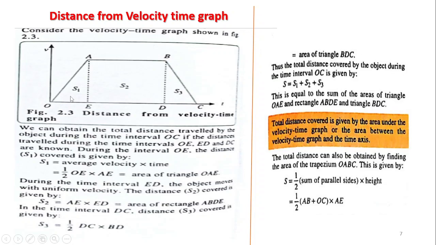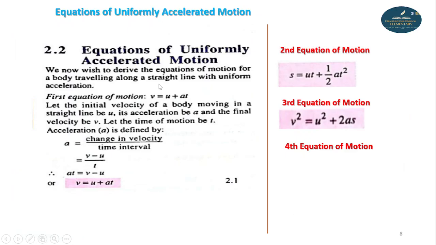Now let's look at the equations of uniformly accelerated motion before we begin solving some questions. We now wish to derive the equations of motion for a body traveling along a straight line with uniform acceleration, where the velocity increases with time at the same rate in an interval of time.